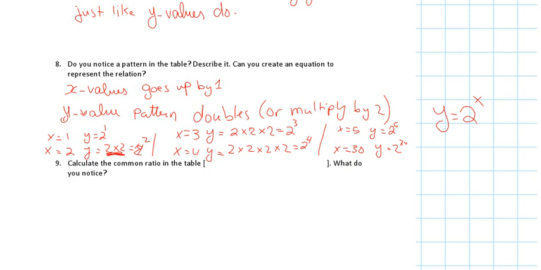What did we say about the first ratio? It's y2 divided by y1, right? What did we notice about the first ratio?